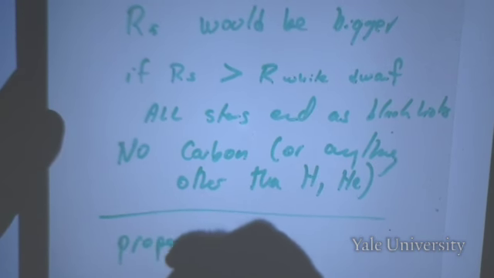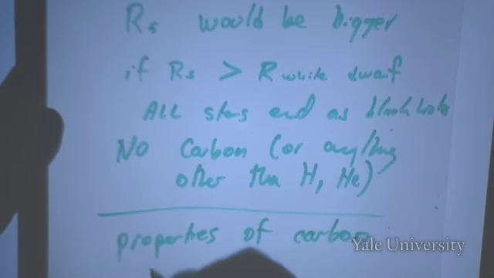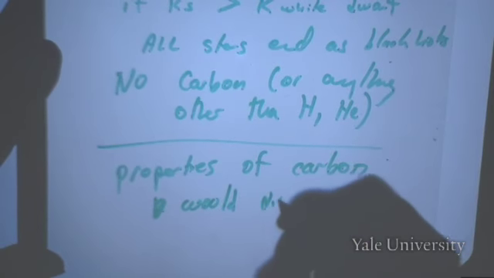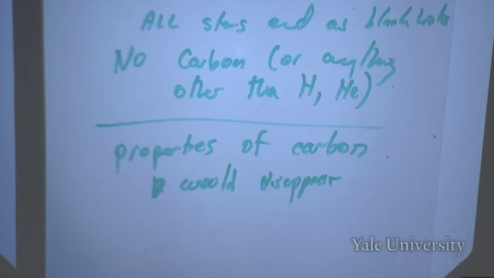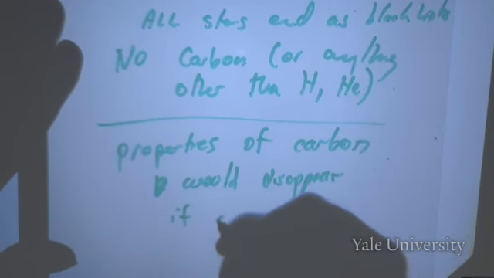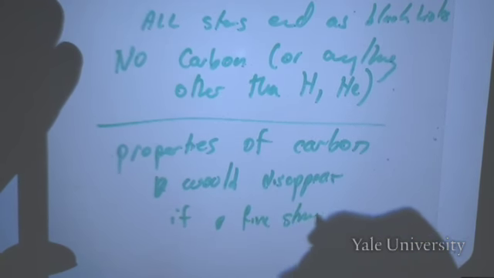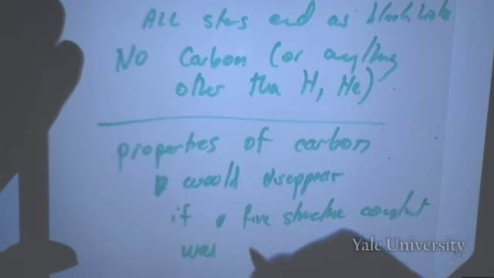And it turns out that if you vary them, complex carbon chains and complex carbon chemistry would disappear if the constants of nature, and in particular something called the fine structure constant, were even slightly different.